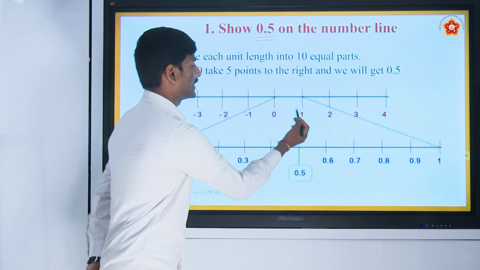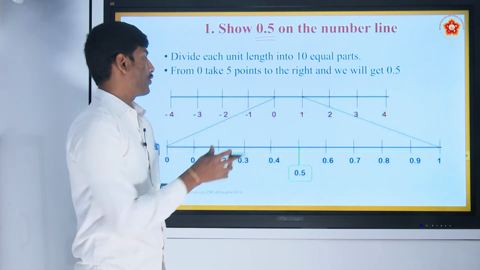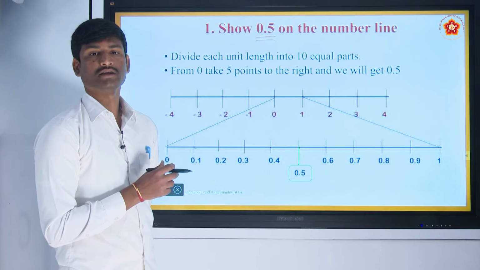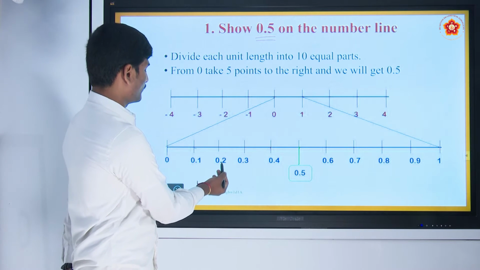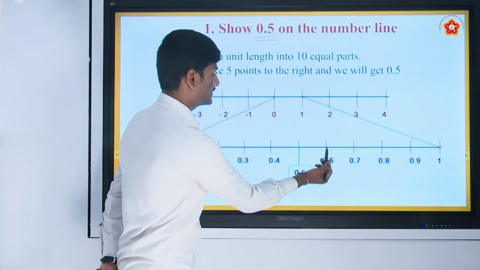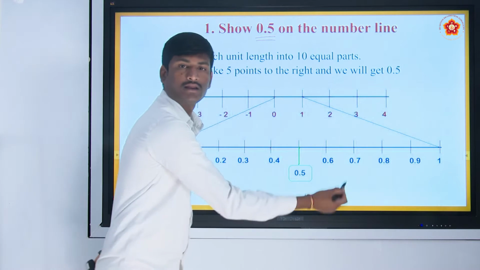Here 0 and 1 is a 1 unit length. The 1 unit length is divided into 10 equal parts in a decimal. See, 0, 0.1, 0.2, 0.3, 0.4, 0.5, 0.6, 0.7, 0.8, 0.9, 1, like that.